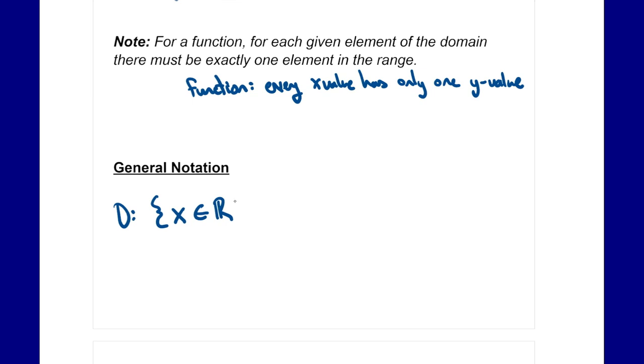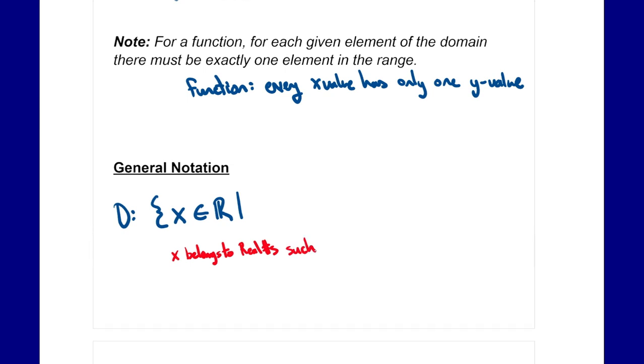So x belongs to the r, which represents any real number. It represents the family of real numbers. So x belongs to real numbers, and then we're going to draw a line.